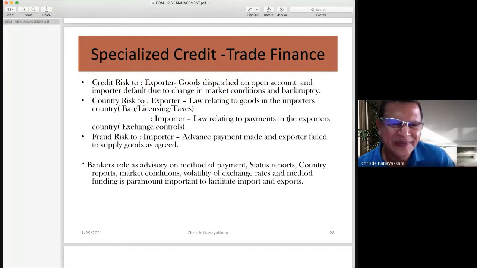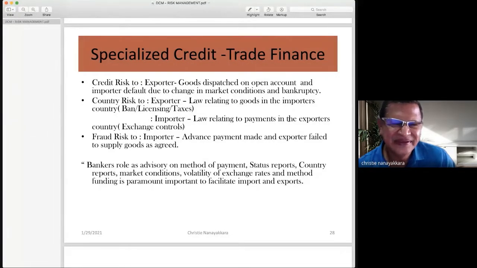To do that, sometimes the bank will request the customer to establish a letter of credit limit, and that's where the permanent facilities to the importer will start. The limit can be established by evaluation and taking some securities or margins, and then under that limit he can open a number of letters of credit.